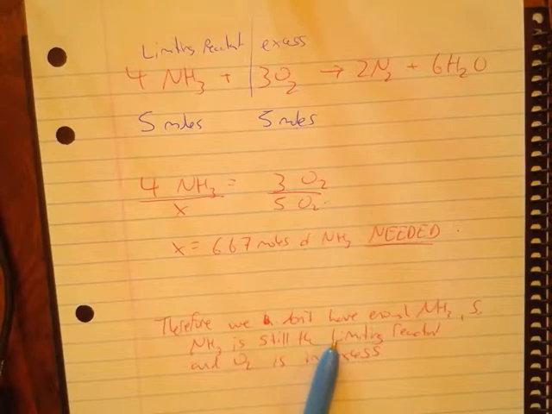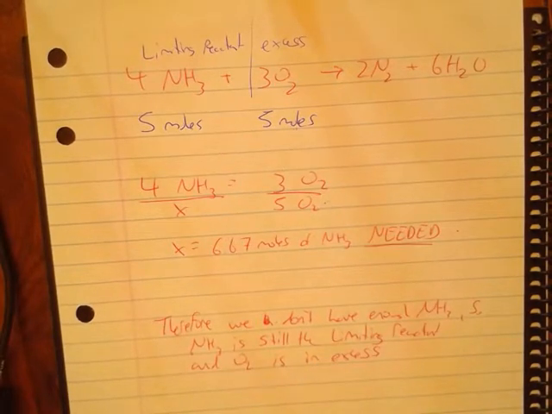Now, the only thing I haven't done here is I haven't done a problem starting with grams instead of moles, which could actually happen. The only difference in that type of problem is you have to, and I mean you have to, there is no other choice, you have to turn both grams into moles before you can go on any further.